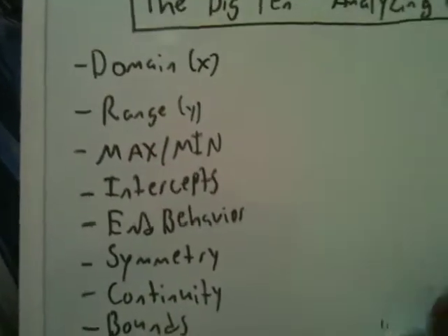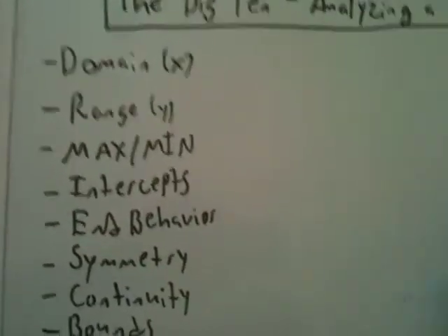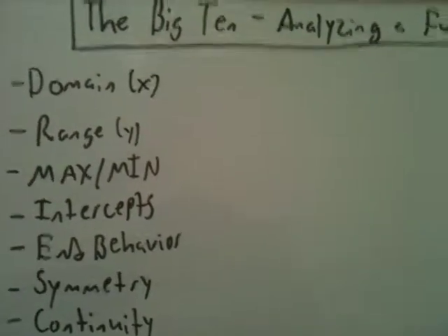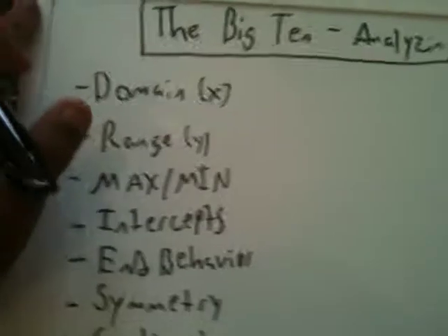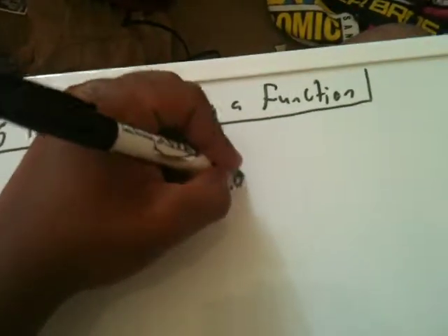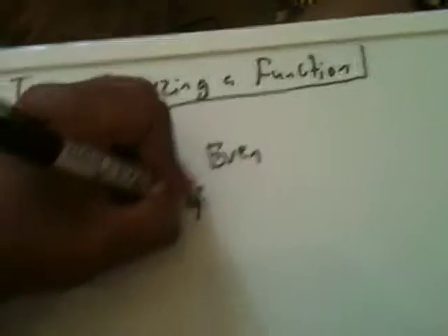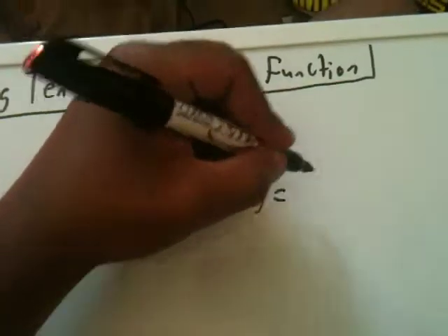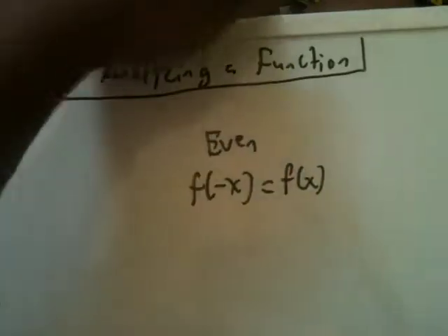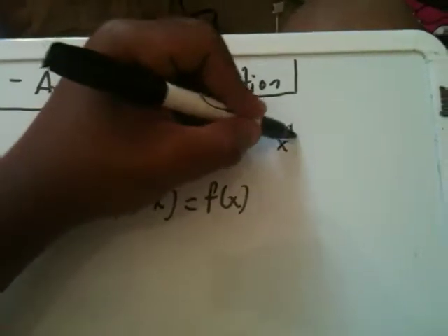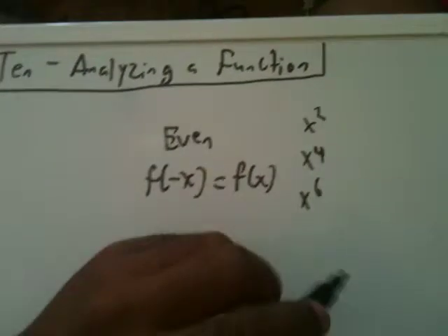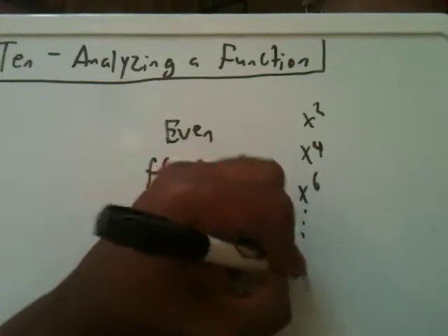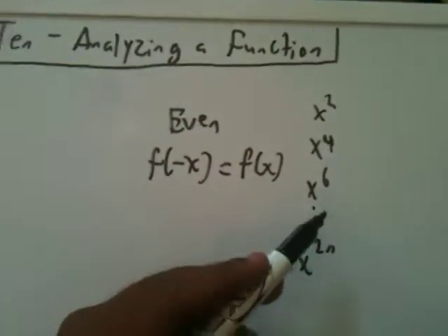Now next is symmetry of a function. And symmetry defines whether it is reflected across the y-axis or if it's symmetric with respect to the origin. So, there are two ways to think about this. If a function is even, then we say that f of minus x is equal to f of x. Some even functions that you may know are y equals x squared, x to the fourth, x to the sixth, and everything with even multiples as a power.